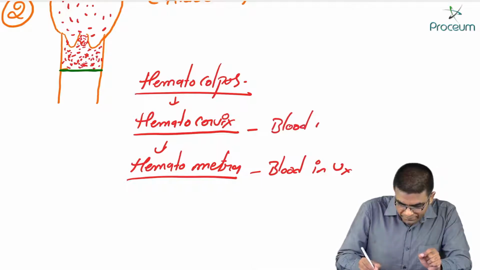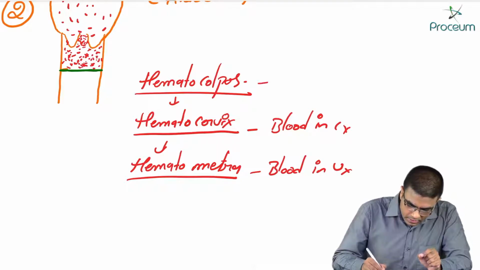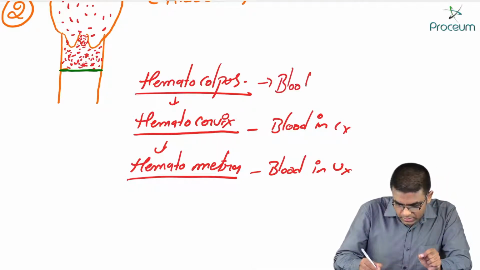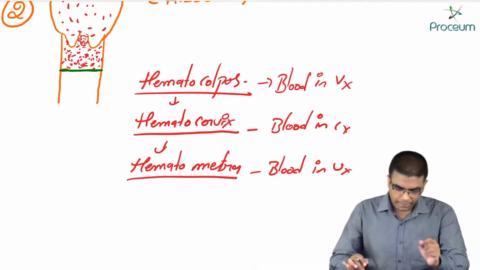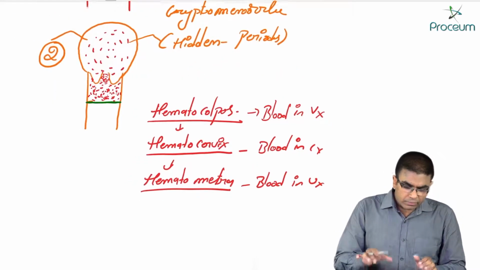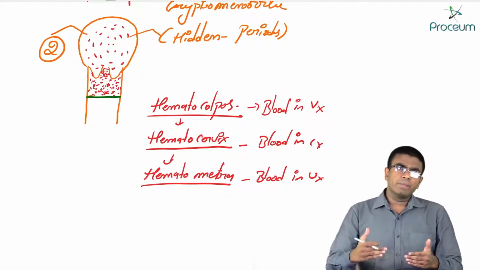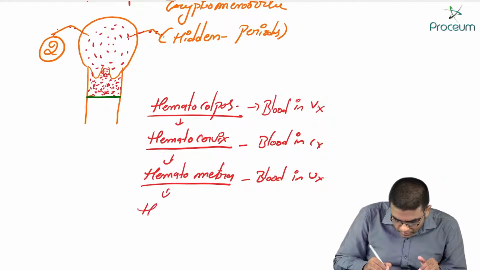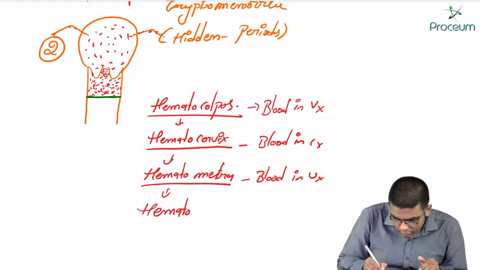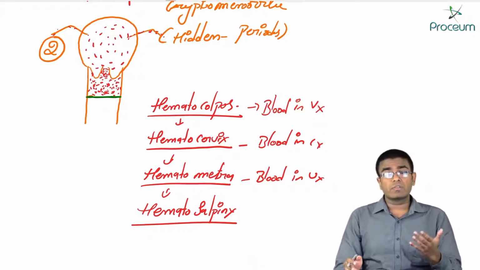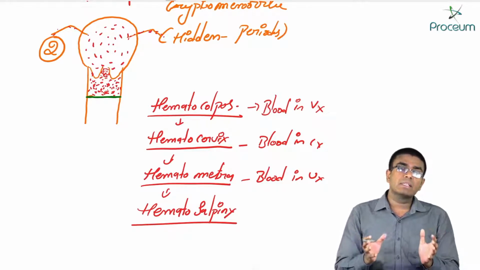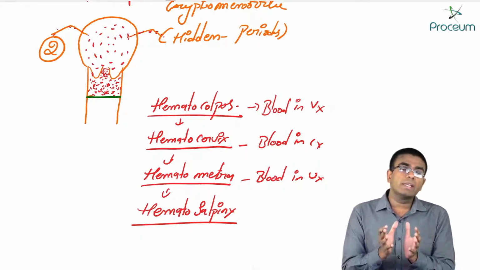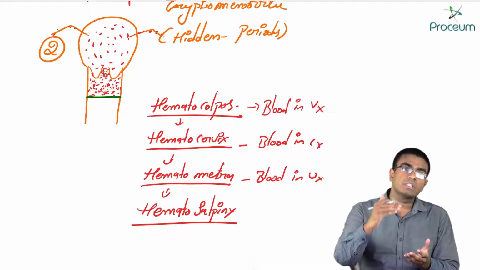Blood in the cervix. Hematocolpos means blood in the vagina. Please keep that point in mind. If it continues, the blood will also accumulate in the fallopian tubes, which is known as hematosalpinx. So as the blood is not coming out, it's accumulating in the vagina, cervix, uterus and fallopian tubes.